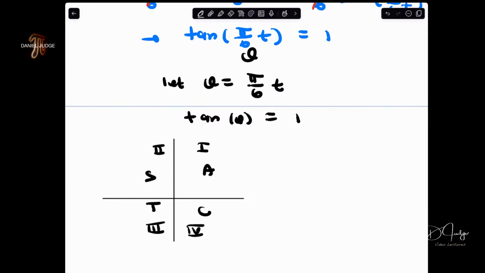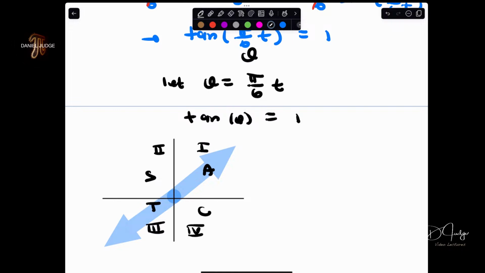Now, again, tangent theta is 1 implies theta has to be in quadrant 1 at 45 degrees, pi over 4, and in quadrant 3, the opposite quadrant.